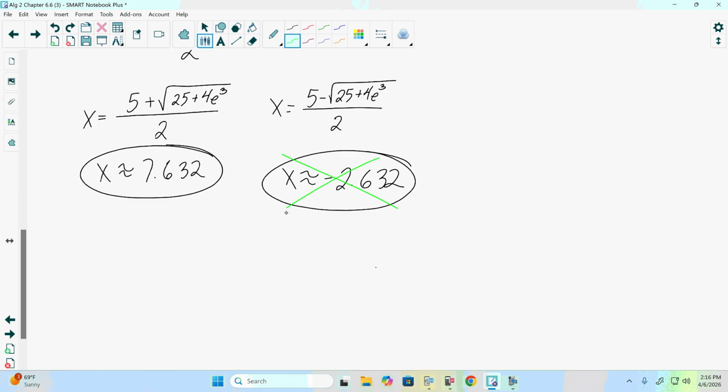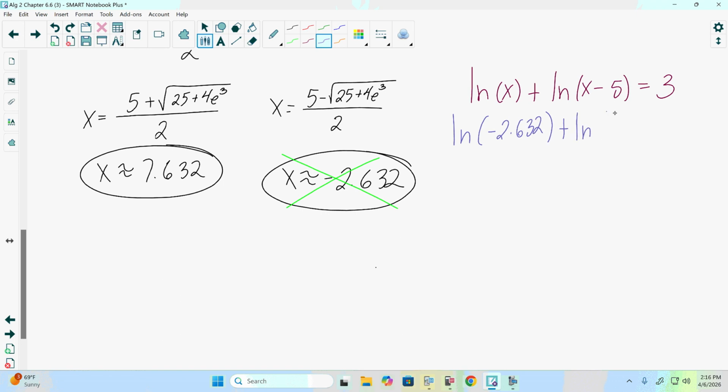I would agree. There's a good chance we're throwing that one out. And the reason I say that is not because the x is negative, but because our original expression was the natural log of x plus the natural log of x minus 5. Because if we use this negative 2.632, in that first logarithmic expression, we're taking the natural log of a negative number.